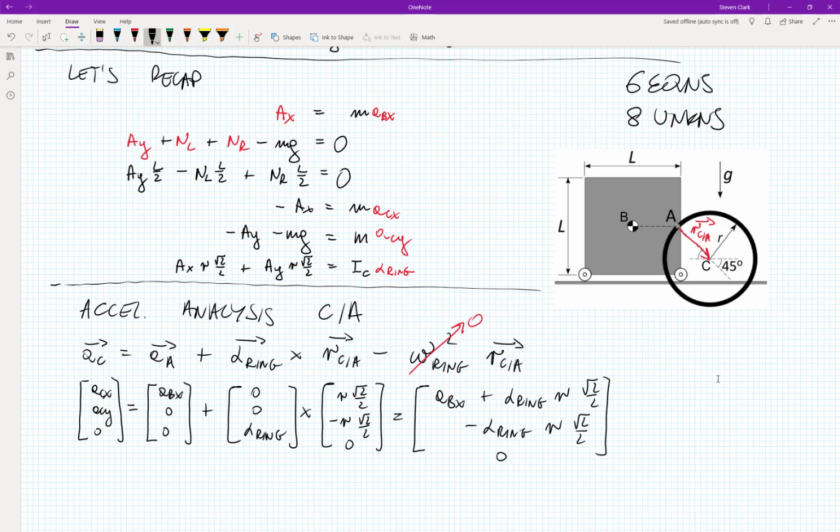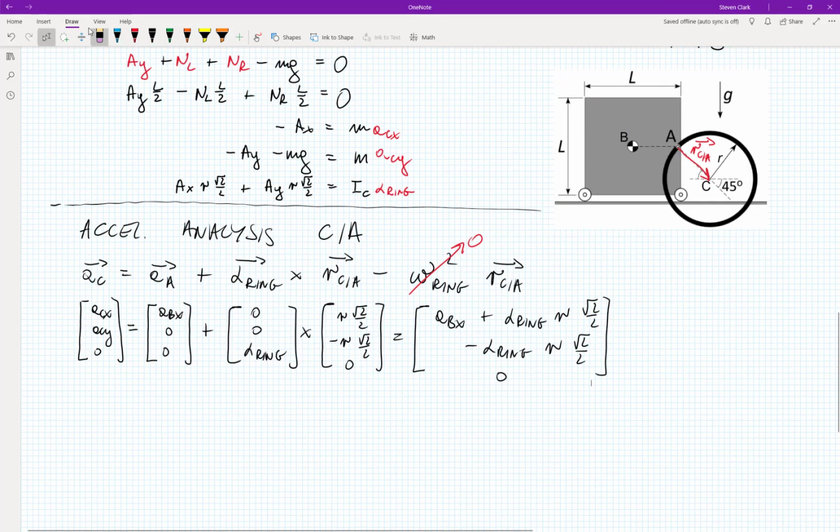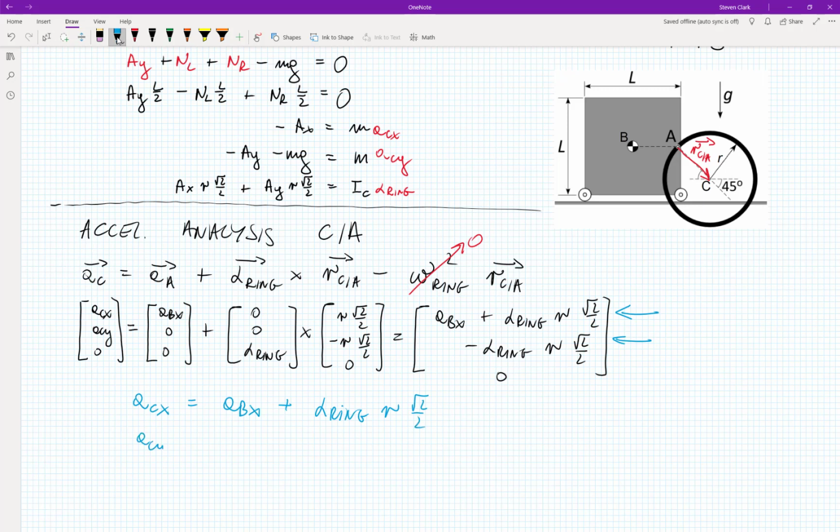And I think that we found our two desired equations. Because if you look at the x and y components in here, you can see that ACX is equal to ABX plus alpha ring r square root of 2 over 2, and ACY is equal to minus alpha ring r square root of 2 over 2. Okay, guys. So we found them.